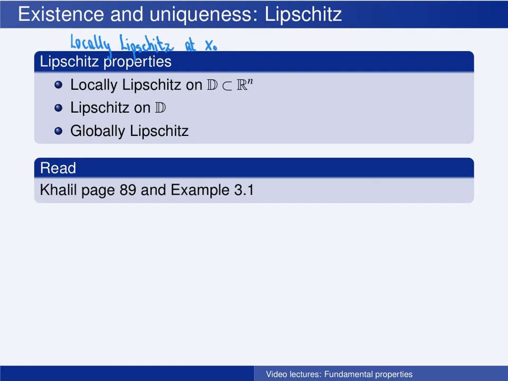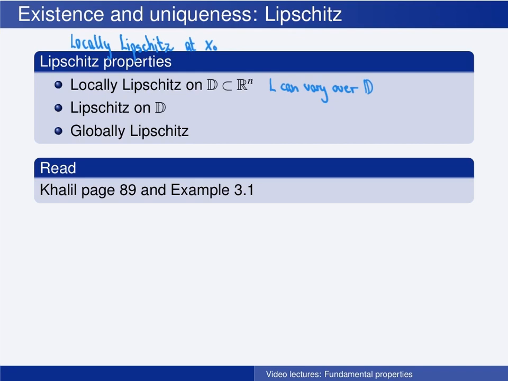Furthermore, a function is said to be locally Lipschitz not only at a point, but in a domain D, if the function is locally Lipschitz at any point in this domain. Note that the Lipschitz constant L can then be different for each point, so L can vary over D. If the Lipschitz constant is the same for all the points in D, then the function is said to be Lipschitz on the domain D.